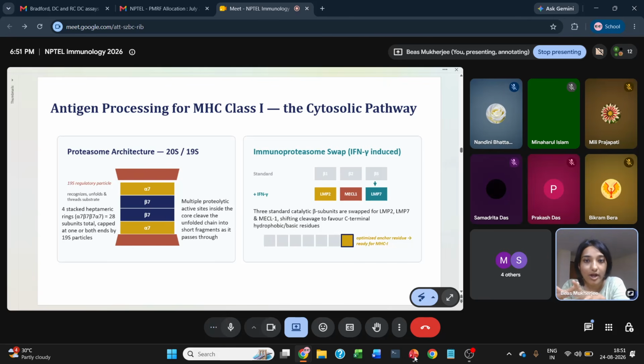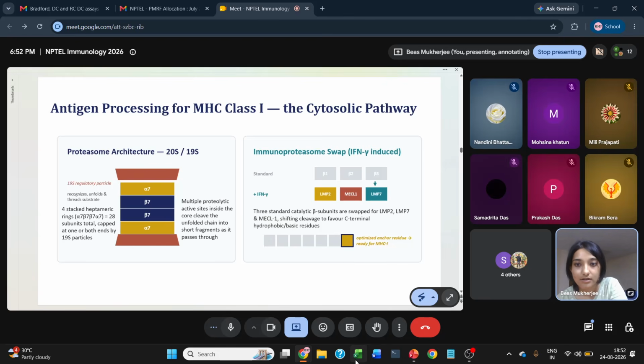In the presence of interferon gamma, 3 standard catalytic beta subunits are swapped for LMP2, LMP7, MECL1, shifting the cleavage to favor C-terminal hydrophobic or basic residues. And this is an optimized anchor residue ready for MHC class I. Anchor residue means the residue that is going to come and bind to the peptide cleft.